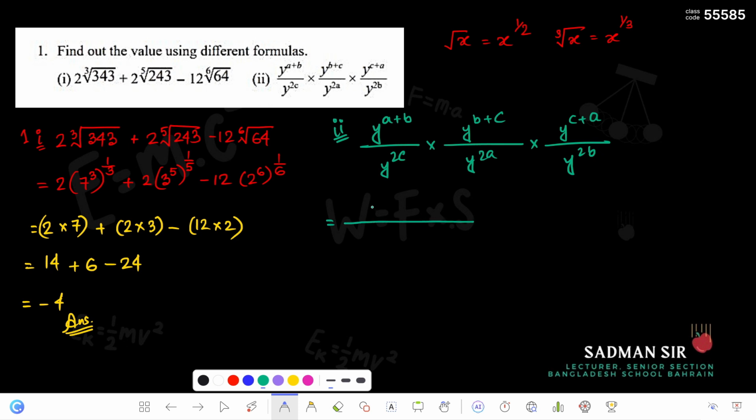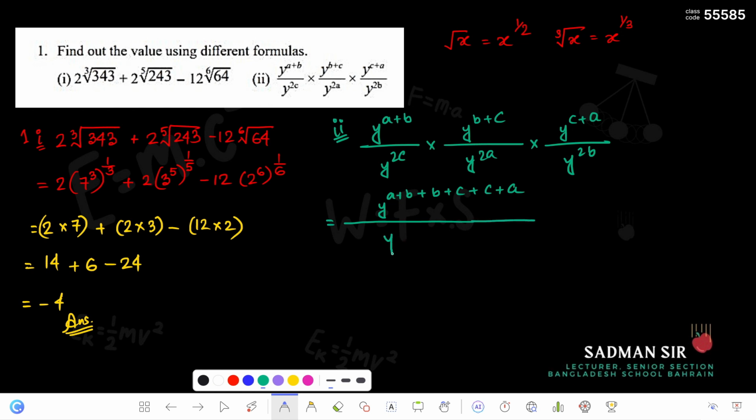In the numerator, all the powers will be added. Why will they be added? Because the bases are the same. If you remember, we discussed it while discussing the formula. If the bases are the same and there is a multiplication sign between them, as you can see, the powers will all be added with each other. So a plus b plus b plus c plus c plus a, correct?